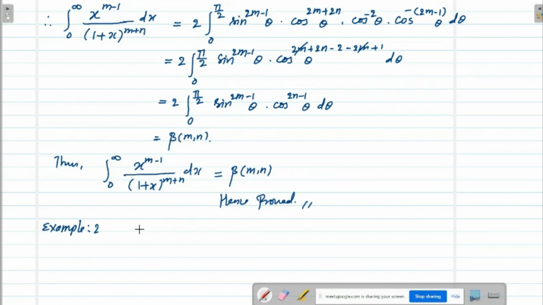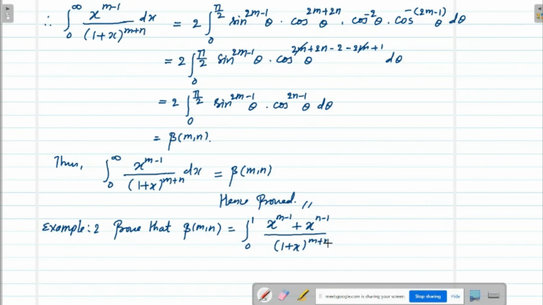Prove that beta of m n equals the integration of limit 0 to 1 of x raised to m minus 1 plus x raised to n minus 1, whole divided by 1 plus x raised to m plus n, dx. You can prove this also.